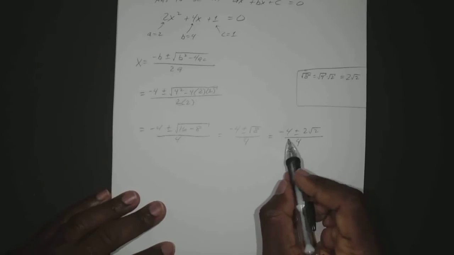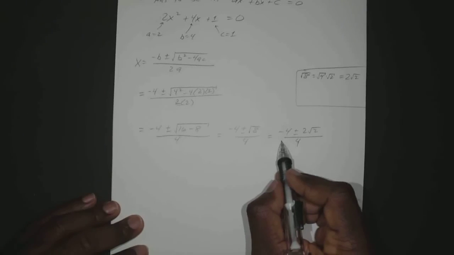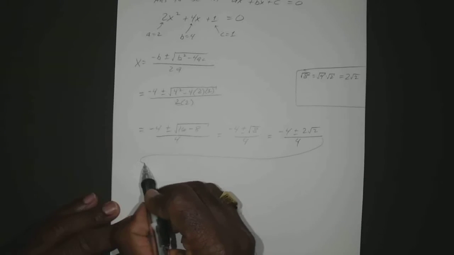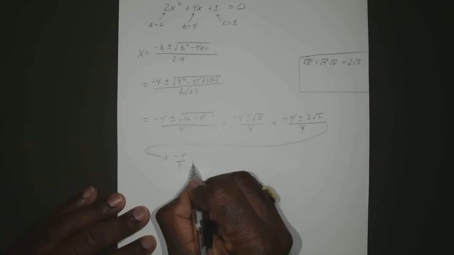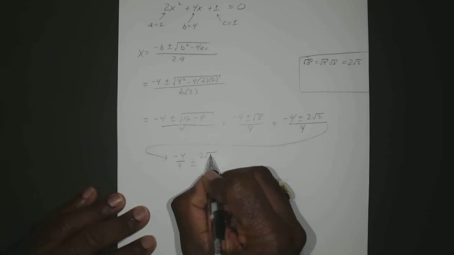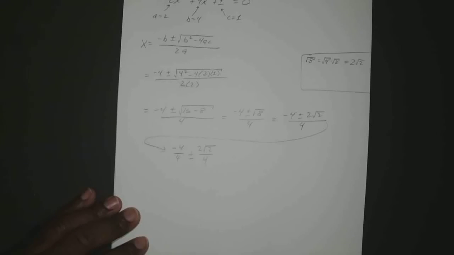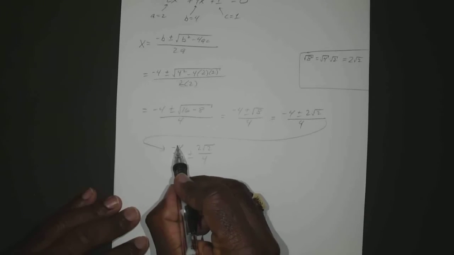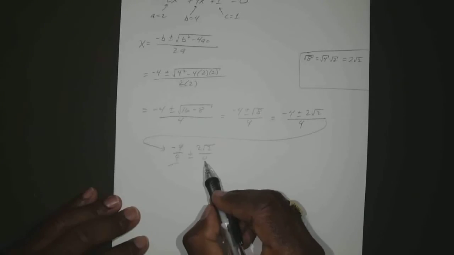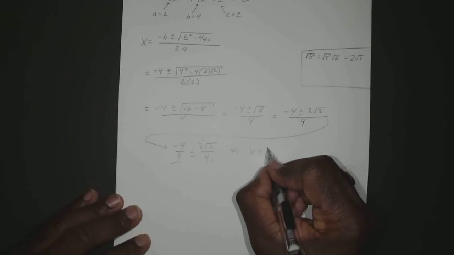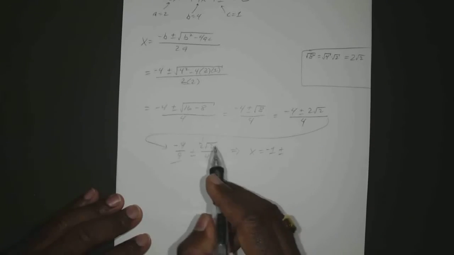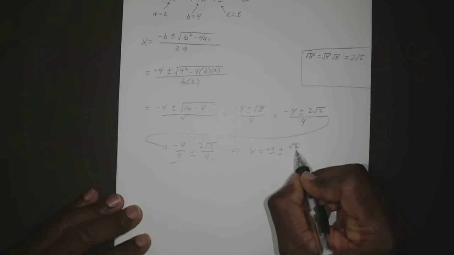And actually, this one can be simplified. Because if you make it, and I'll bring this down here, just kind of continue it there, you have negative 4 over 4 plus or minus 2 square root of 2 over 4. These two cancel each other out, and these two simplify. So you have x equals negative 1 plus or minus square root of 2 over 2.